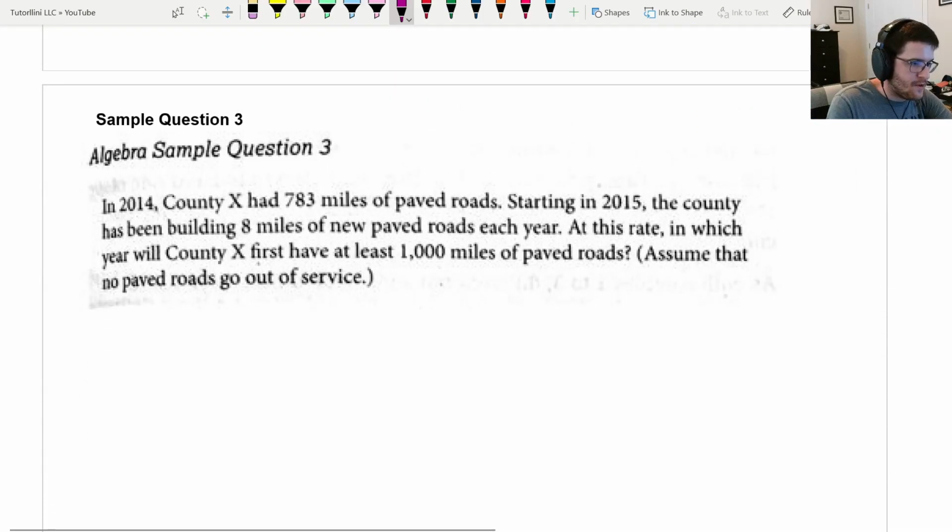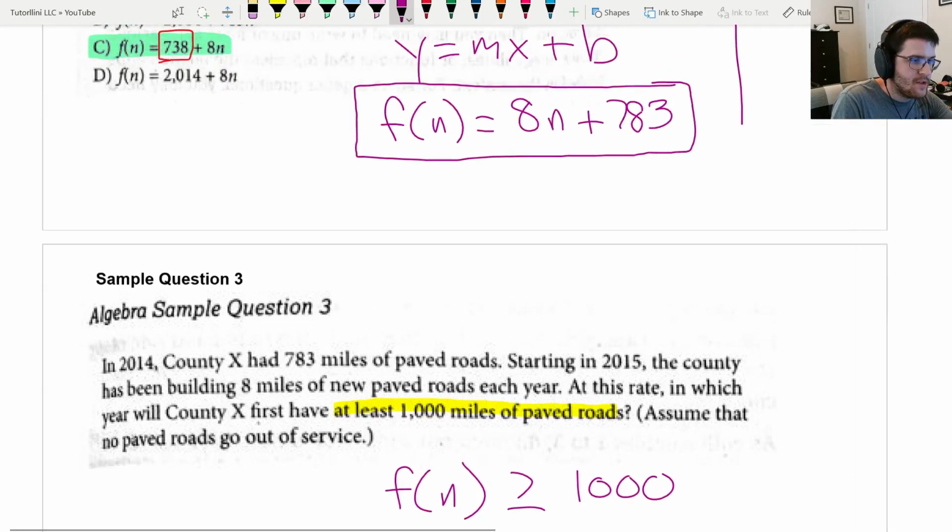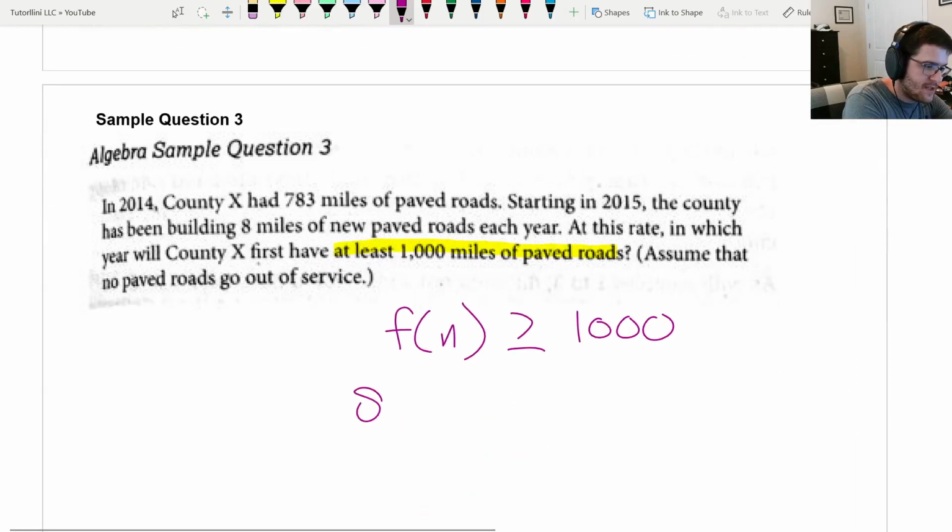All right, so same context. And it wants us to have at least 1,000 miles of paved road. So f of n, which is the number of miles of paved road, should be at least, so greater than or equal to 1,000. And the function we came up with was 8n plus 783.